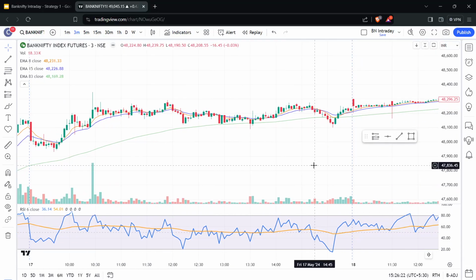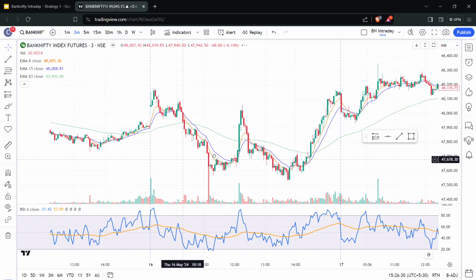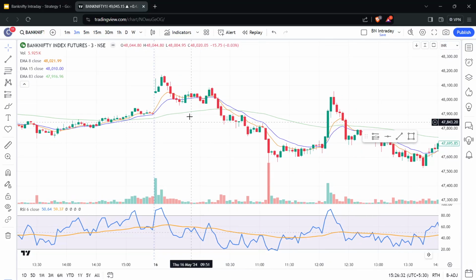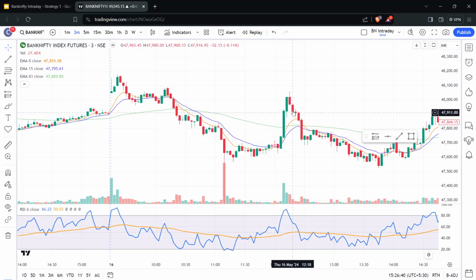And if you look here, it crossed the 20 line, so this means a downtrend is starting, right? Same thing here. This went below 20, this is a downtrend. This went above 80, so this is an uptrend.